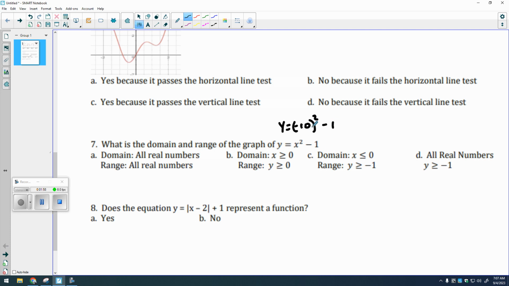Negative 10 squared, is that possible? Can I take a negative 10 and multiply it by itself? Sure. Can I put a fraction into the x value? So would it be okay if x was some fraction? Sure. Can I take 1/2, multiply it by 1/2? Sure, I can do that. There's nothing wrong with that.